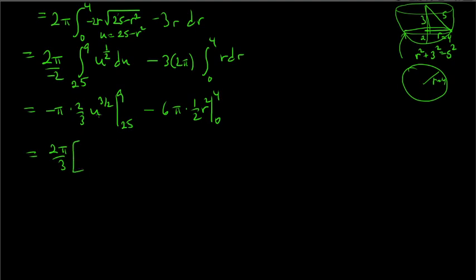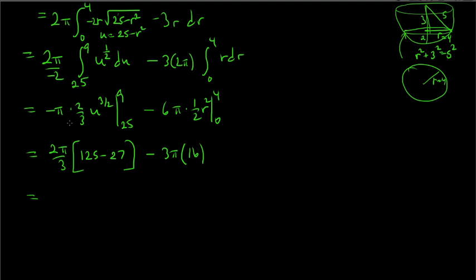And then when you plug in the 25, you get 5 cubed is 125. And then 3 cubed is 27. So this is minus 3 pi times 4 squared is 16. All right, so 125 minus 27 is 98.